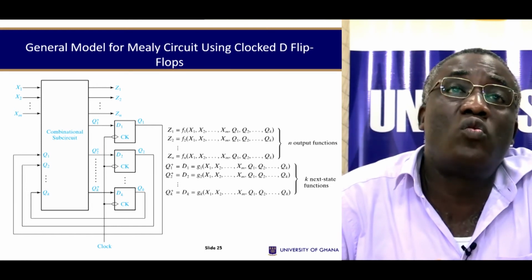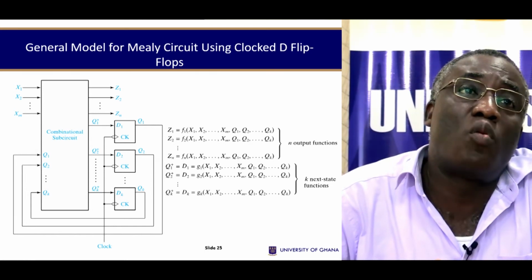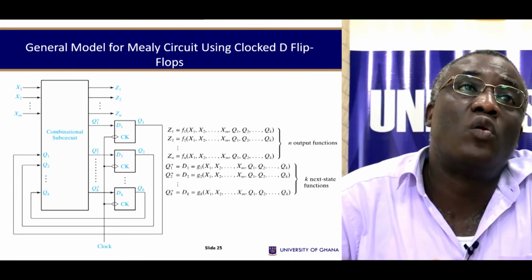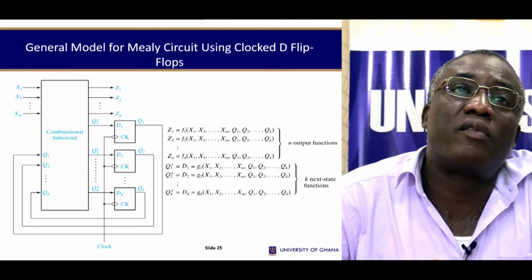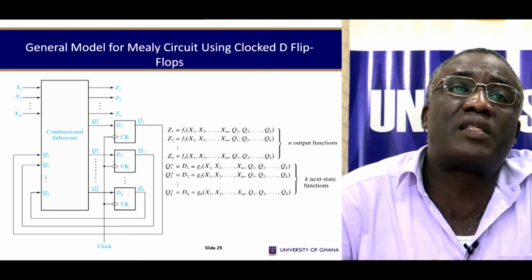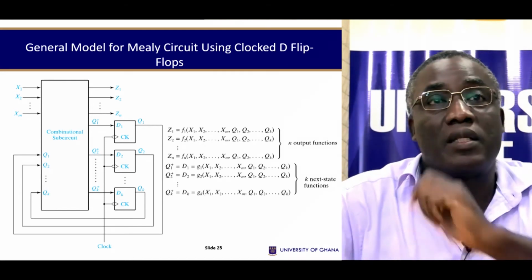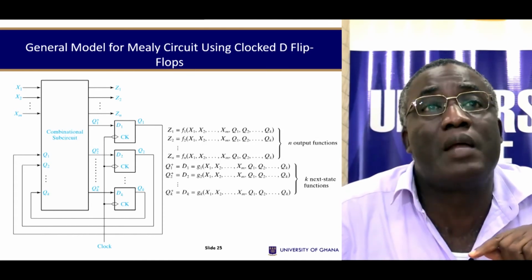In other words, when you look at this, you see that you have a combinational circuit with inputs x1 up to xm, and that combinational circuit feeds into a sequential circuit, and the sequential circuit are the memory elements.